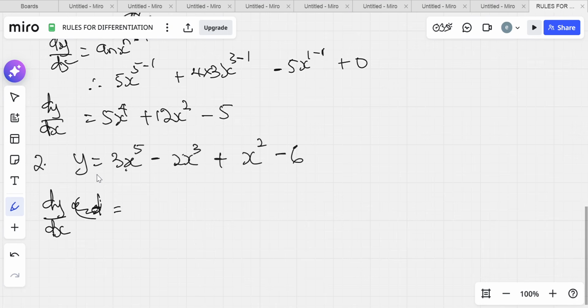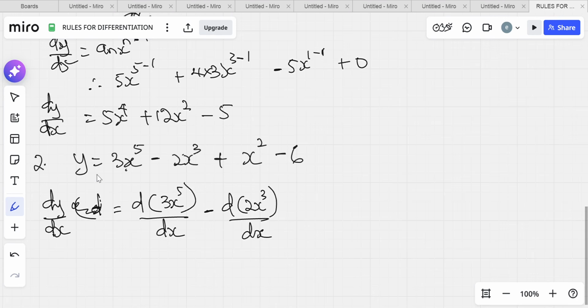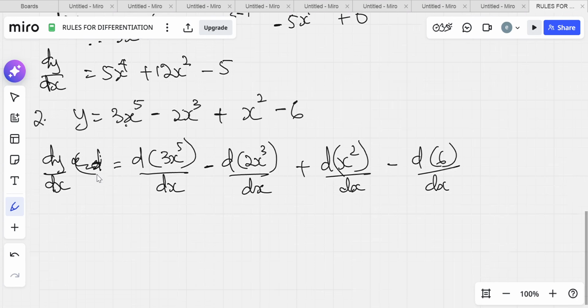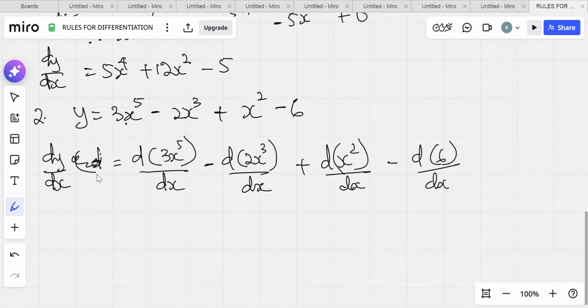I can solve together to give me d bracket 3x raised to the power 5 over dx minus d bracket 2x to the power 3 over dx plus d bracket x to the power 2 over dx minus d bracket 6 over dx, stating that I am differentiating 6. Then applying the function rule, that when dy over dx is equal to d bracket the function, it is equal to 0.